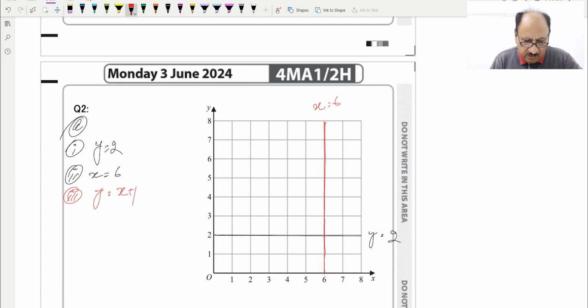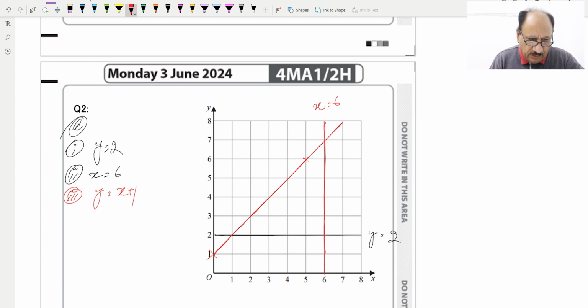So for x is equal to 0, y will be 1. So this point, and for x we can take, for example, 5, y will be 6, and this point, and we can draw the line like this one. So this is also done.